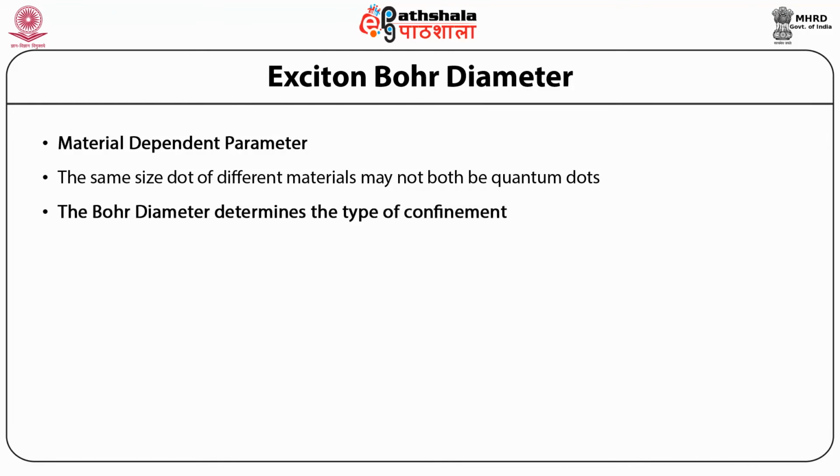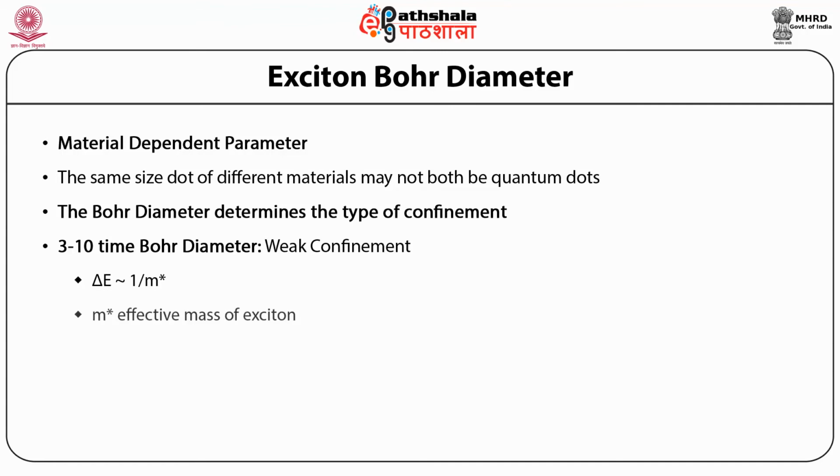This is a material dependent parameter; the same size dot of different materials may not both be quantum dots. So the Bohr diameter determines the type of confinement. At 3 to 10 times the Bohr diameter, we have the weak confinement, and delta E is approximately 1 by m star, where m star is the effective mass of exciton.